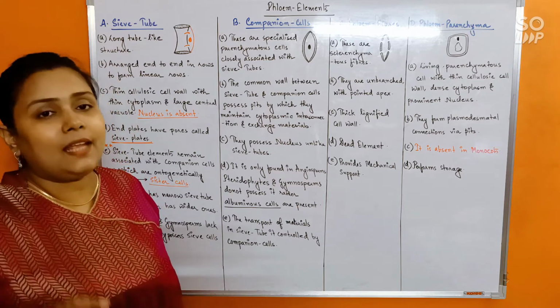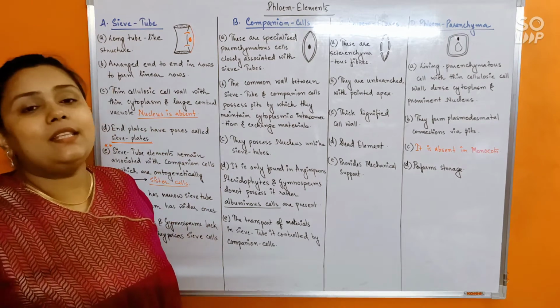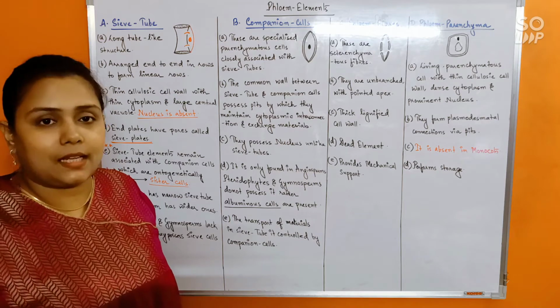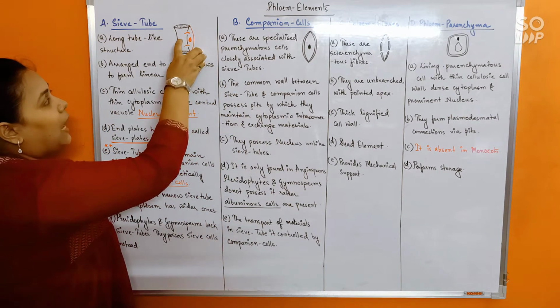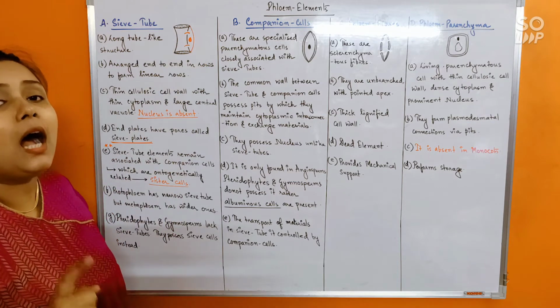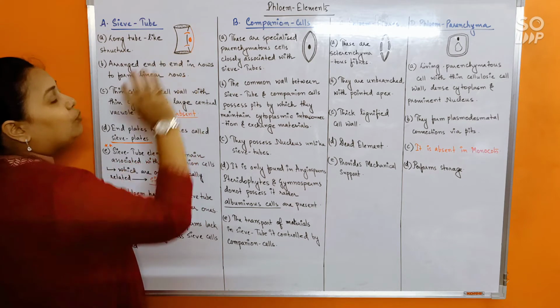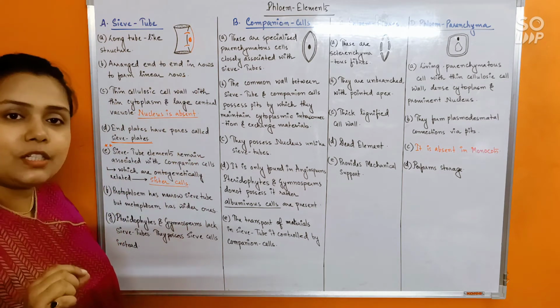But for taking that decision, the cell does not have a nucleus. So the sieve tube will always remain associated with companion cells, and the companion cell's nucleus will control the activity inside the sieve tube. How? Because the companion cell and sieve tube remain interconnected via pits. That is the first point.